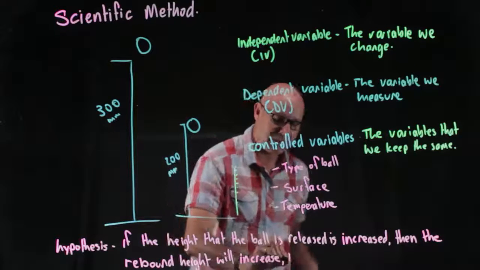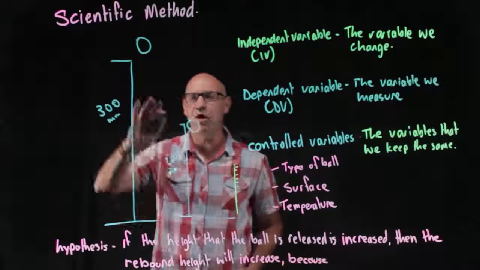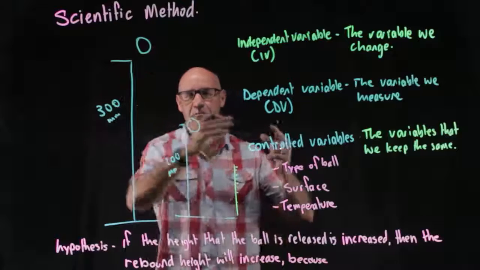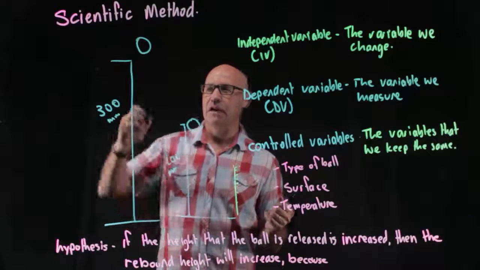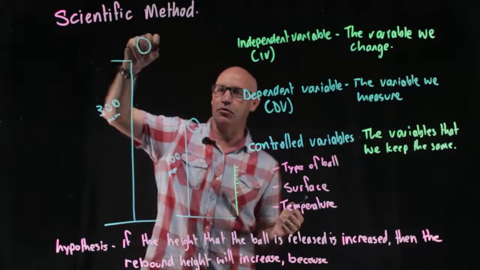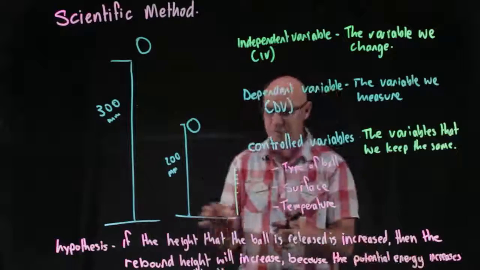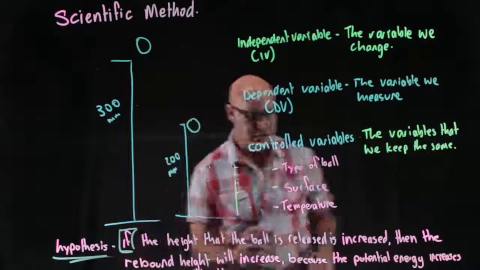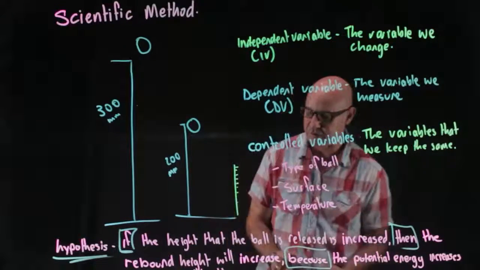Now, finally, we need to say because. Because why do we think it's going to increase? We link back to our knowledge about science. And I think it's because this ball has a higher potential energy. So our hypothesis statement is an if, then, because statement.